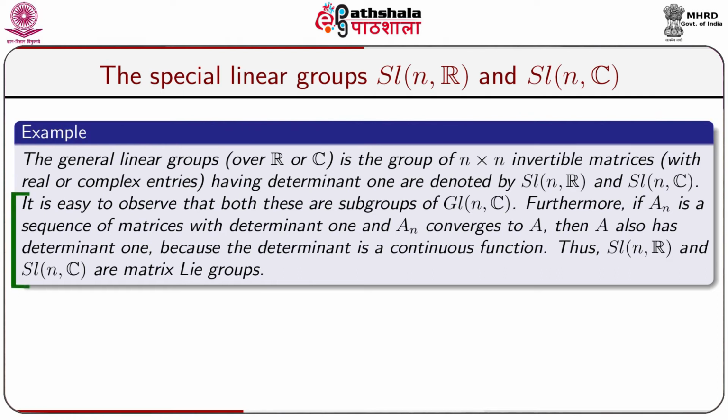These are called special linear groups. It can be proved that both SLNR and SLNC are closed in GLNC. So, they are matrix Lie groups.